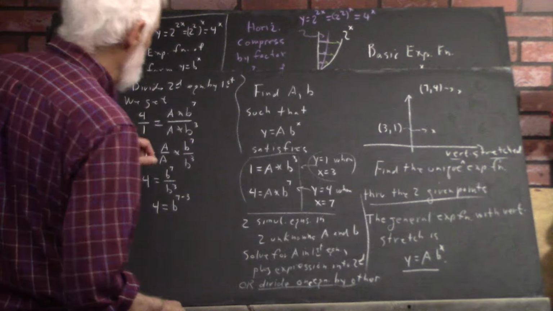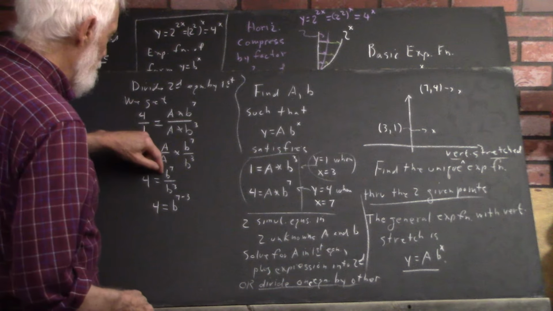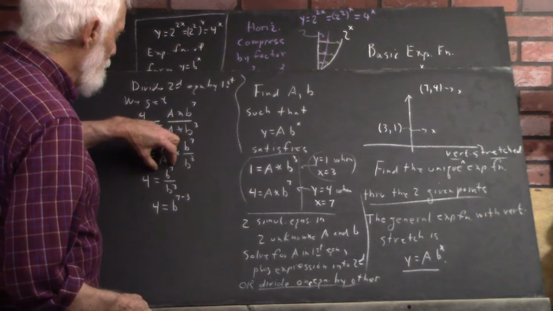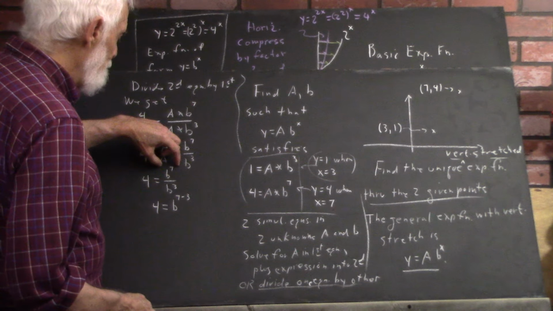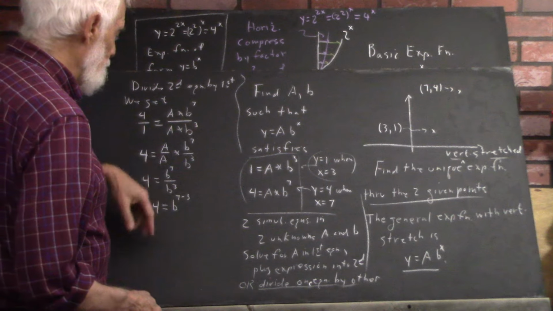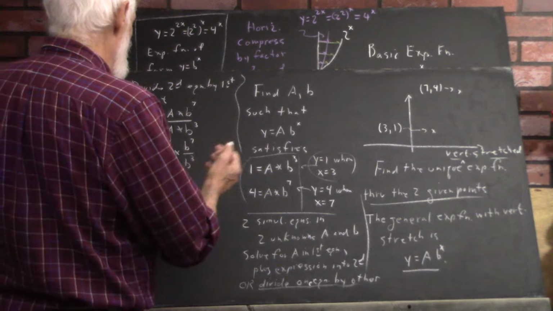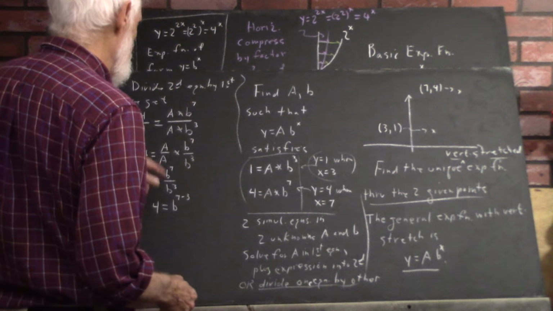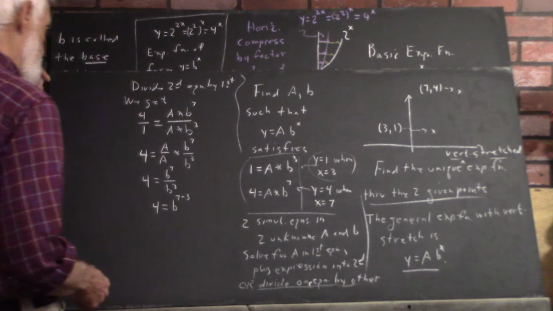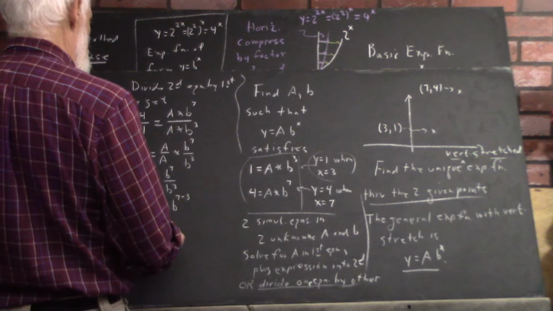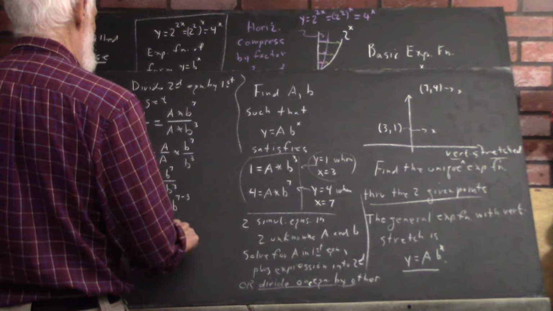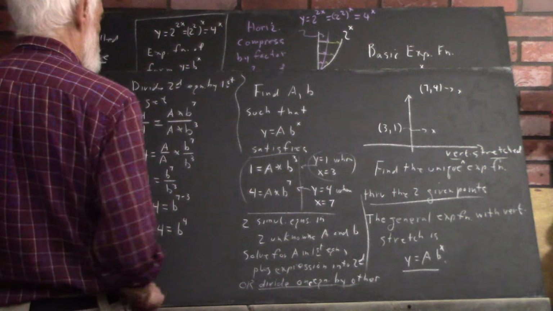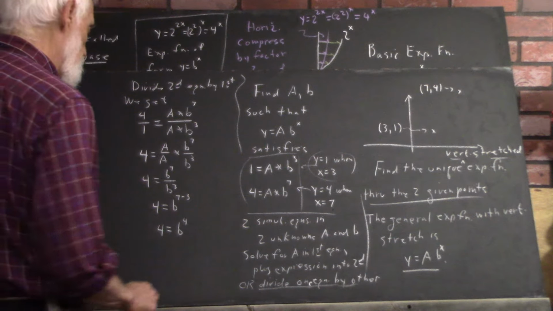Another way of writing that, of course, would be to say b to the 7th is b to the 4th times b to the 3rd, and you're dividing by b to the 3rd, and you can separate out the b to the 3rds. You have 1 in the numerator, 1 in the denominator, to give you 1, and the result is going to be b to the 4th. Either way, 4 equals b to the 4th.